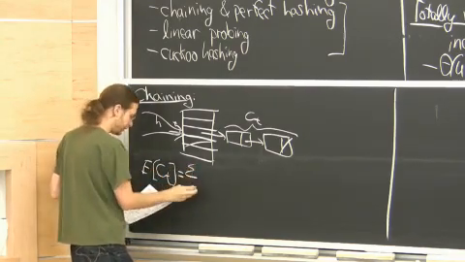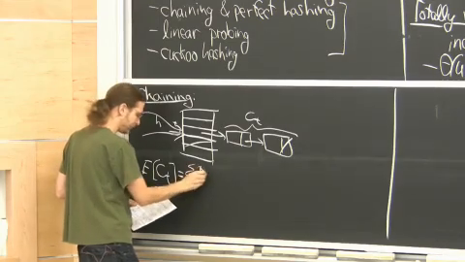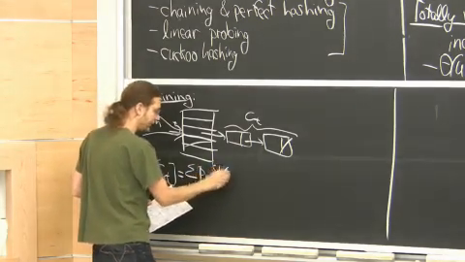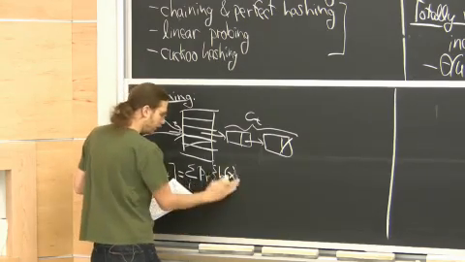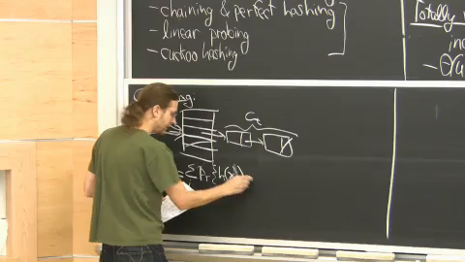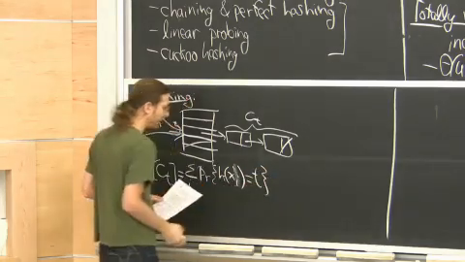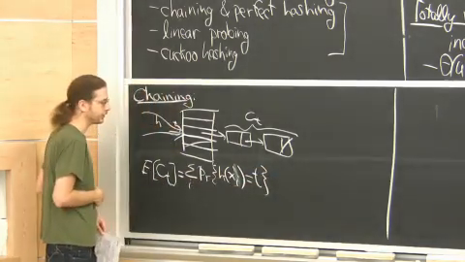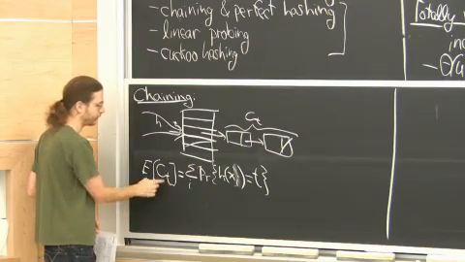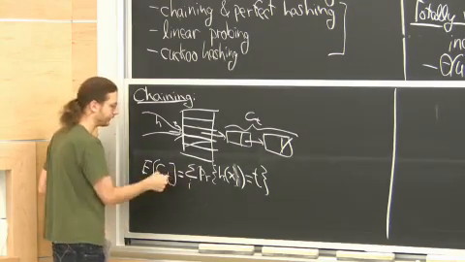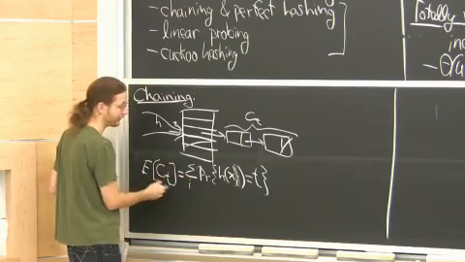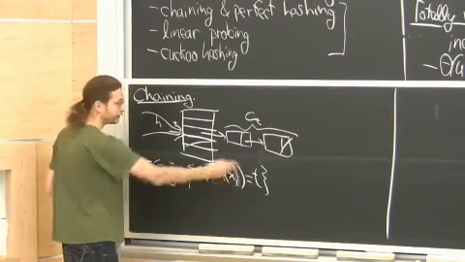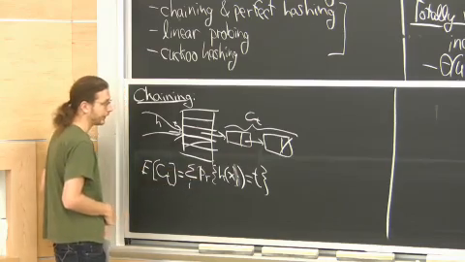In general, it's just going to be the probability that the keys map to that slot, and then you sum over all keys. This is just writing this as a sum of indicator random variables, and then by linearity of expectation, the expectation of each of the indicator variables is a probability. So that is the expected number.